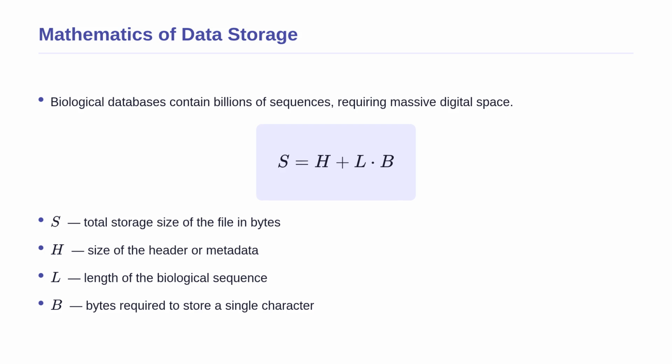H represents the size of the header, or metadata. L represents the length of the biological sequence, and B represents the bytes required to store a single character. As the sequence length increases, the total file size increases linearly, but formats with heavy metadata will have a much larger constant H, taking up significantly more space.